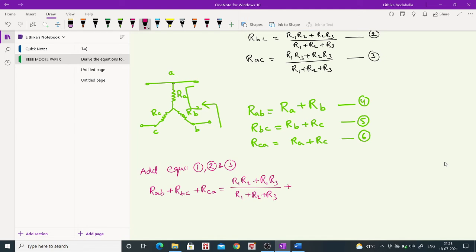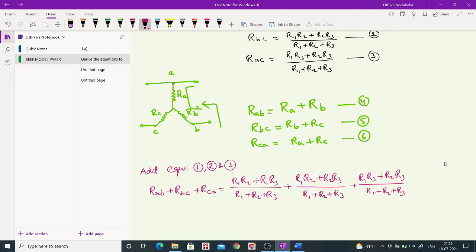Similarly add RBC. What is RBC? (R1 R2 plus R2 R3) divided by (R1 plus R2 plus R3). Similarly add RAC. What is RAC? (R1 R3 plus R2 R3) divided by (R1 plus R2 plus R3).